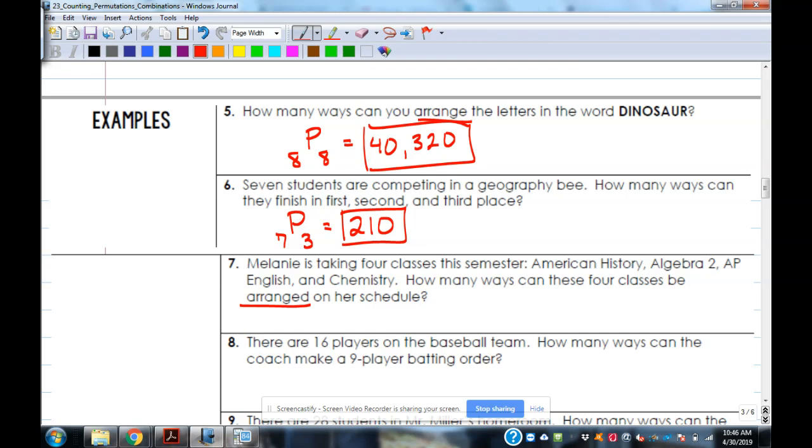And how many is she taking? She's taking 4. Arranging that in a schedule. 4 factorial. I can do that in my head. 4 times 3 times 2 would be 4 times 6 is 24. I can do that one without the calculator, but 24 different ways just to arrange those 4 classes.